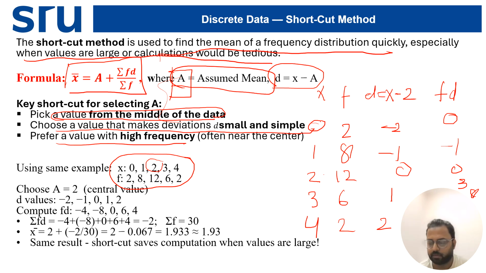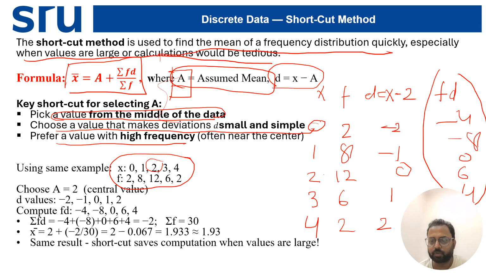So 2 into minus 2 is minus 4, 8 into minus 1 is minus 8, 0 into 12 is 0, 6 into 1 is 6, and 2 into 2 is 4. Taking the sum of all: minus 4 plus 4 is 0, minus 8 plus 6 is minus 2. So the sum is minus 2.